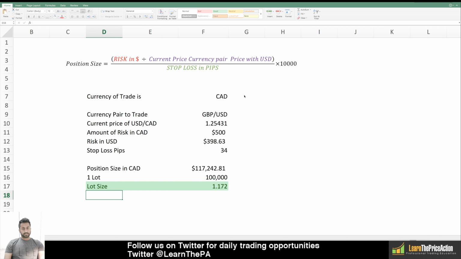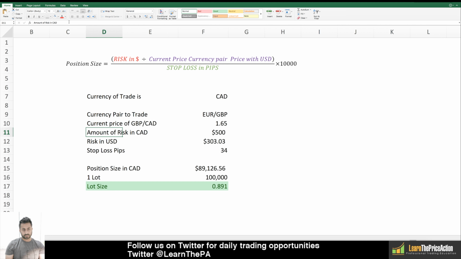You can do the same thing. For example, say you want to trade euro pound. You want to see the exchange rate of pound to CAD, and let's say it's 1.65.